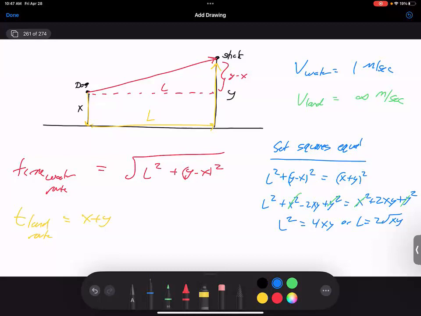Does this remind anybody of anything? Need some pure math for this one.